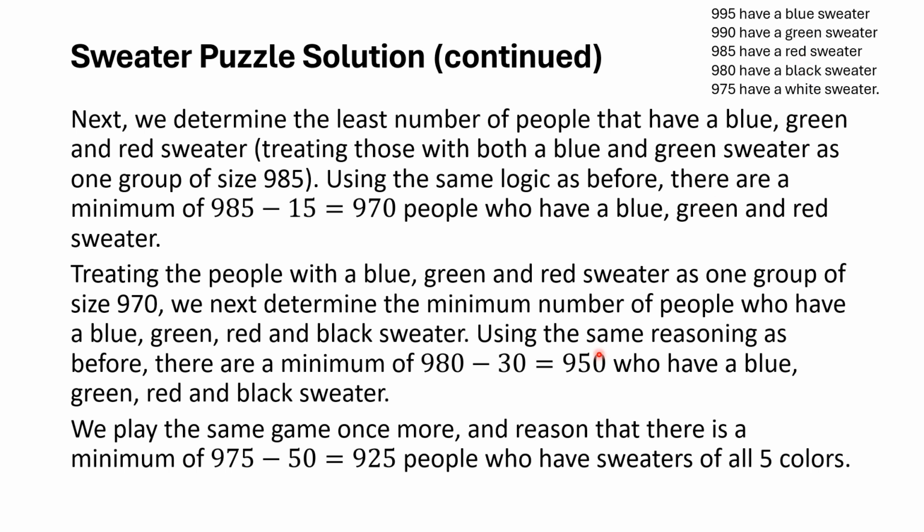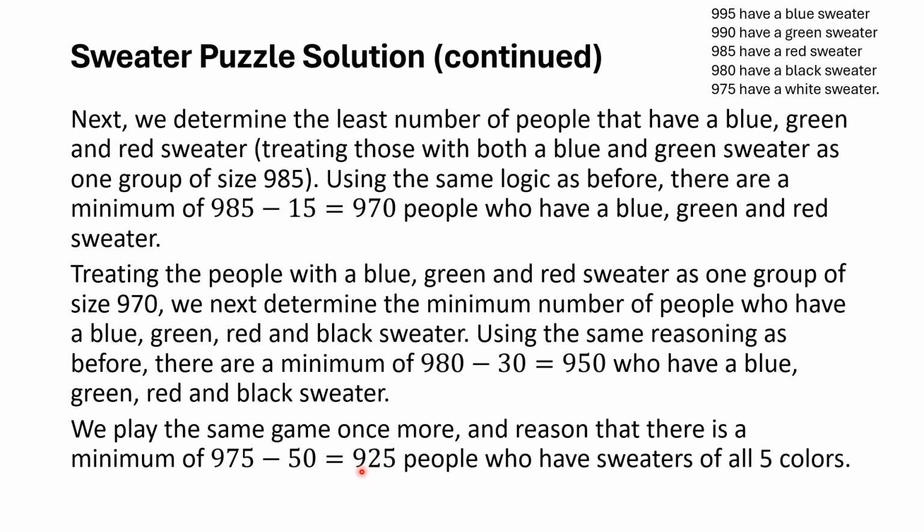And finally, we compare this group of four, the group of people that has all four of the first four types of sweaters, to those who have white sweaters. So we subtract the 950 from 1,000, we get 50, and then we subtract 50 from the 975, and we come to the final answer.